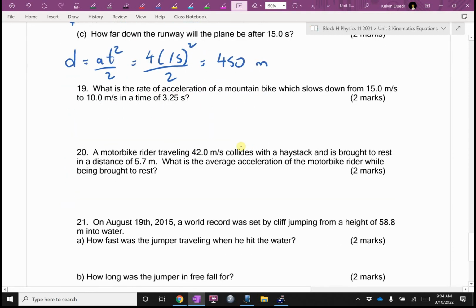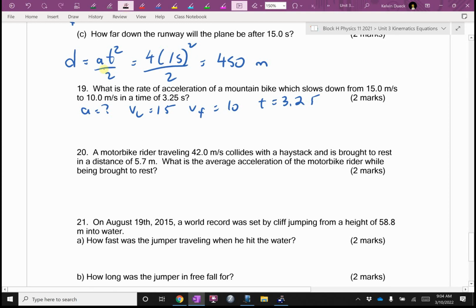Number 19, what's the acceleration of a mountain bike which slows from 15 to 10, slows down? I think I'm going to get a negative acceleration here. Because I think VI is 15, VF is 10, and T is 3.25.